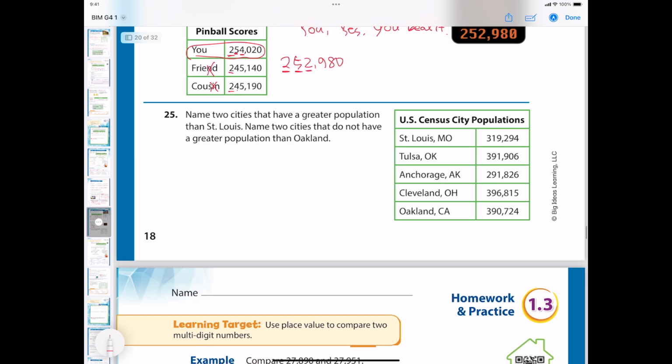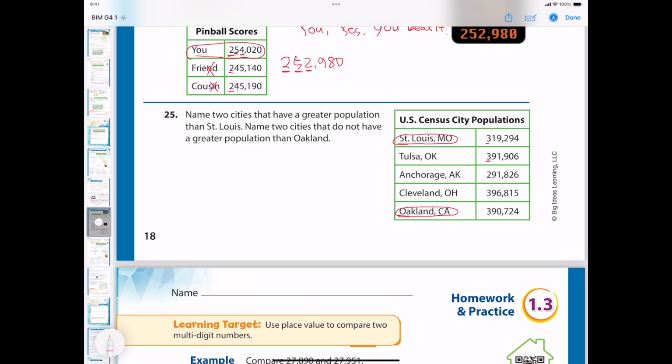All right, number 25. Name two cities that have a greater population than St. Louis. So St. Louis is here. And name two cities that do not have a greater population than Oakland. Oakland is in here. So let's see. Two cities have greater population than St. Louis. Compare 300.